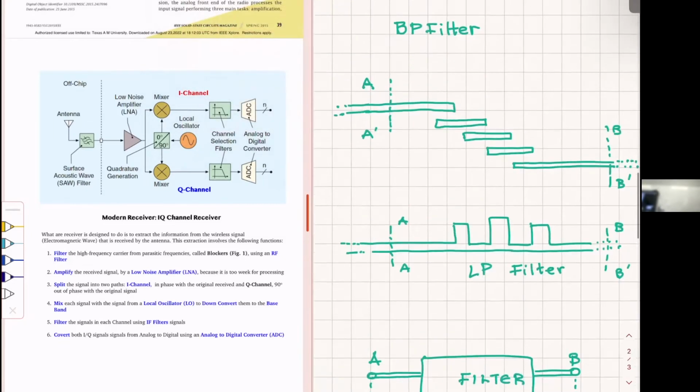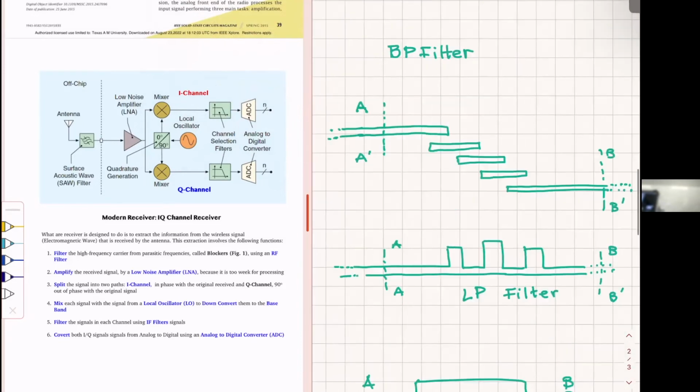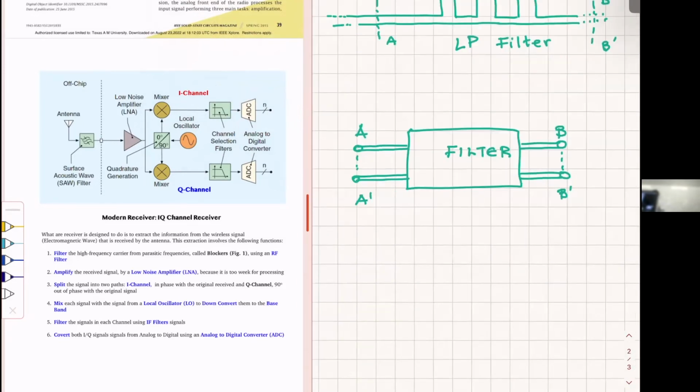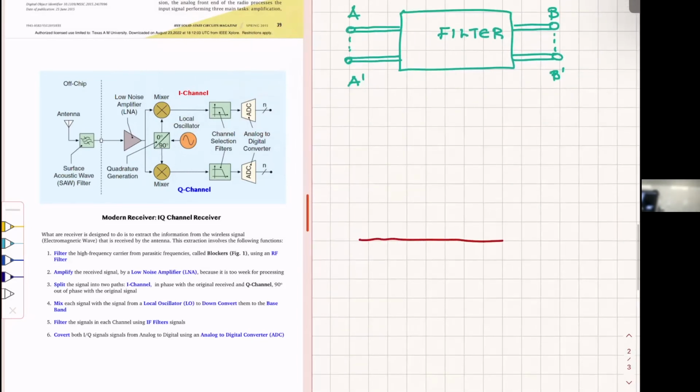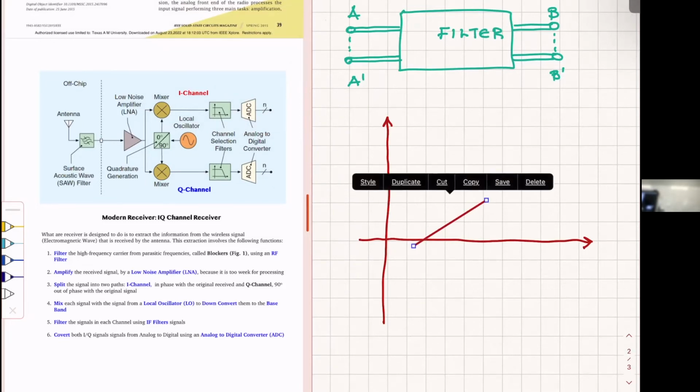We said this is a bandpass filter. How does it look in the frequency domain? A bandpass filter in the frequency domain, and that's frequency, will be something like this.